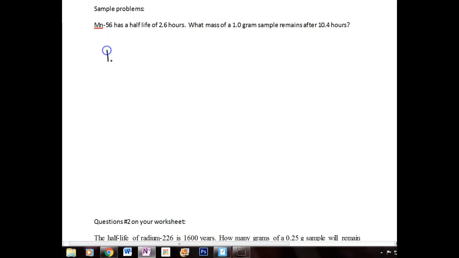The first thing we want to do is find the number of half-lives. How many half-lives has this radioactive particle undergone? And the way we do this is we're going to take the time elapsed and divide it by its half-life.